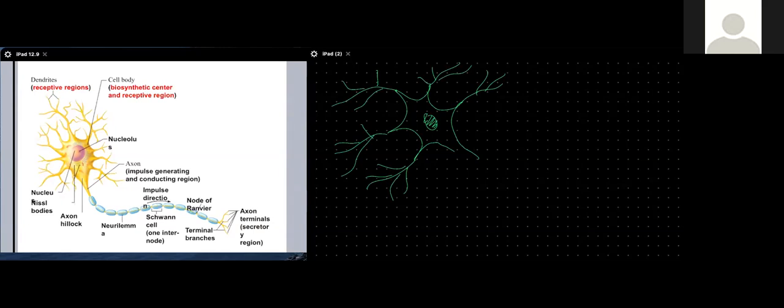And coming also from the cell body of the neuron, we've got a long process. We call this the axon. At the junction between the cell body and the axon, we've got a bulging part in the cell body. This is where the axon is formed and attached. This is called my axon hillock.